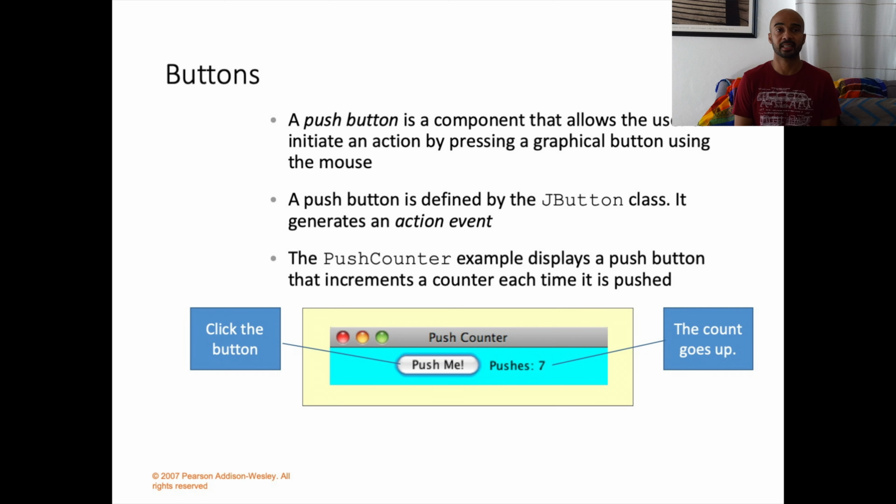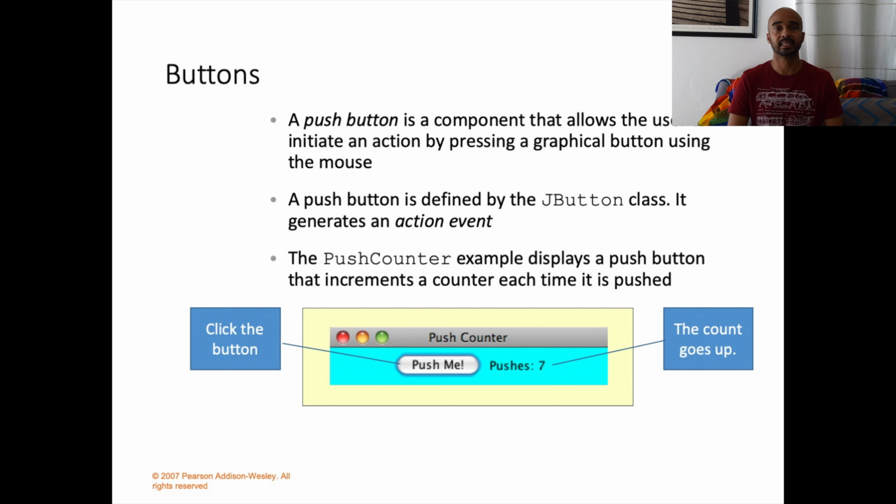So the most common example of this kind of interaction, where you have events being triggered based on components and listeners, is a button. Now, a button basically allows you to trigger some action. So if you see a save button on a screen, then maybe when you click on that save button, you want it to save.